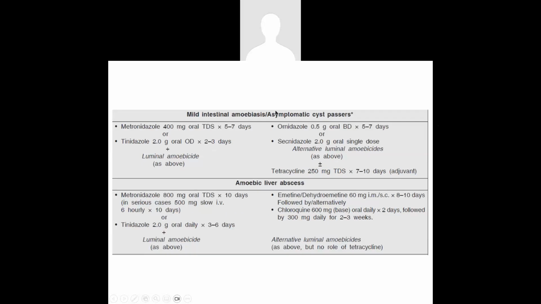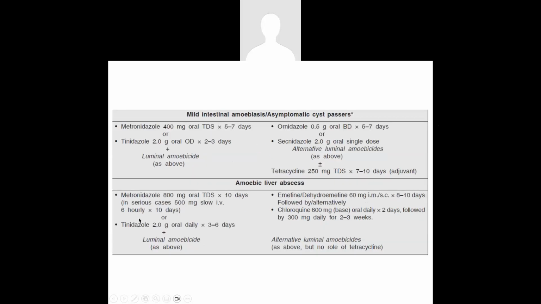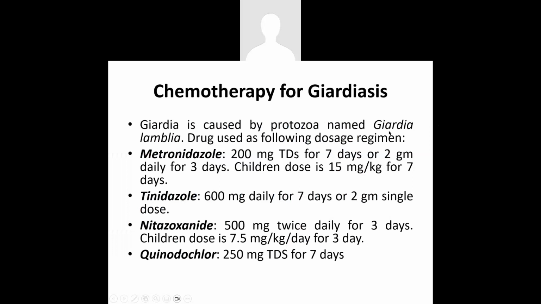For mild amoebiasis or asymptomatic cyst passers, metronidazole, tinidazole, or luminal amoebicides as above, the same treatment, diloxanide. الكورس من التريتمنت: metronidazole يعطى لمدة 7 days أو 2 grams daily for 3 days، وتينيدازول 600 ملغ daily for 7 days or 2 grams single dose.